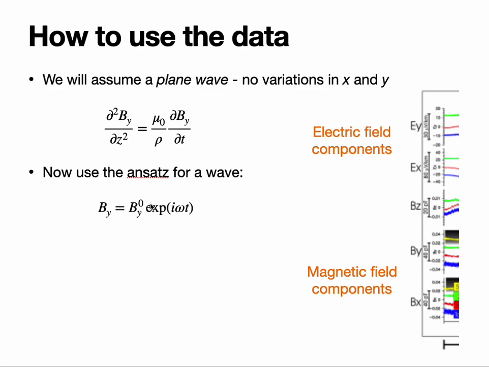So now we assume a specific form for the magnetic field component y. It has an amplitude By0 and an exponential term e to the i omega t. So i is the imaginary unit, omega is the angular frequency and t is time.